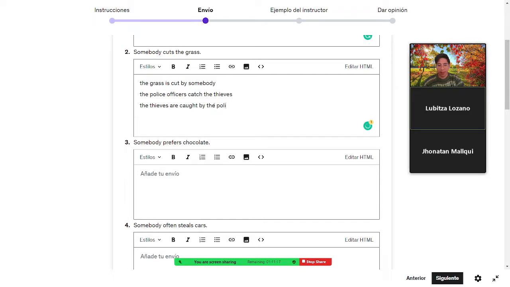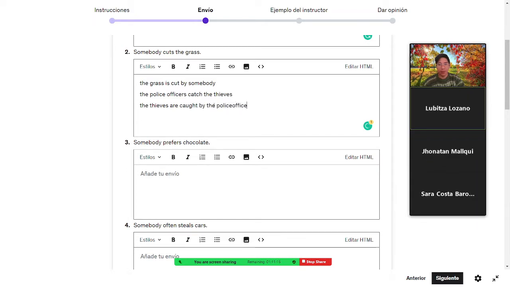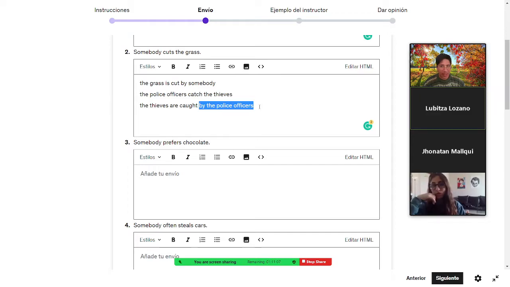So my question: do you consider that this is obvious? Because who catches the thieves? The police officers, or not? Yes, good. So you can omit this information.